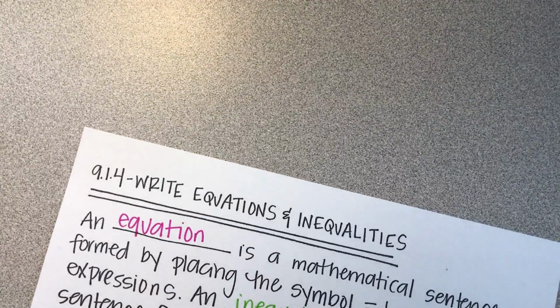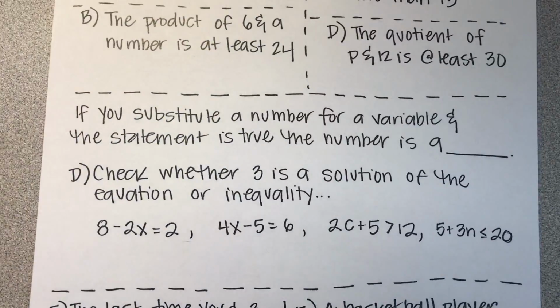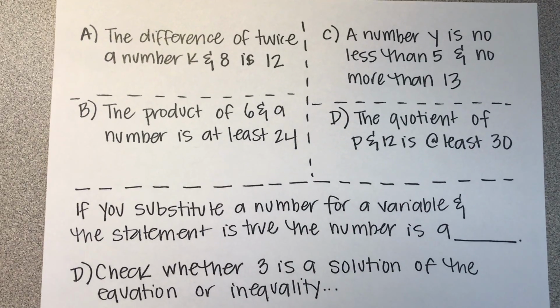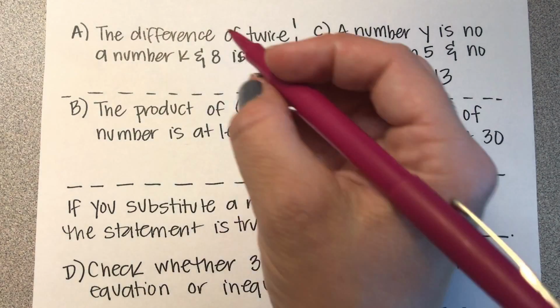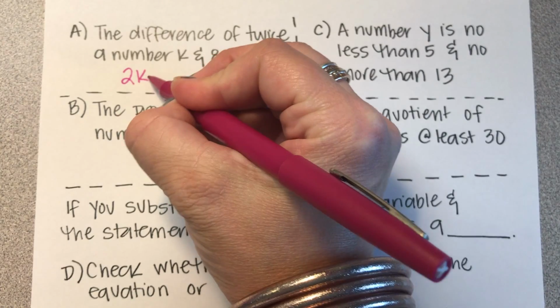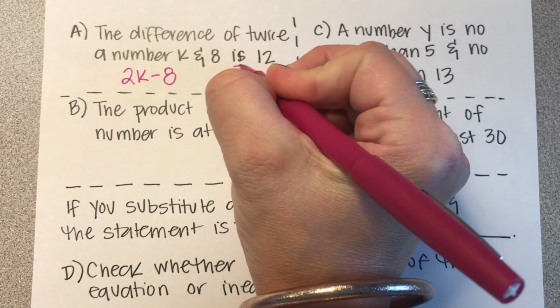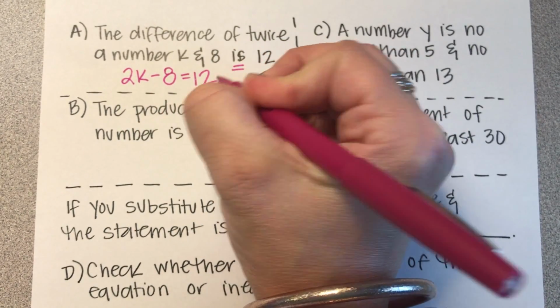Okay, let's look at the back page. So let's look at letter A. We're going to write an equation or an inequality for each one of these phrases. On letter A, it says the difference of twice the number k and 8 is 12.